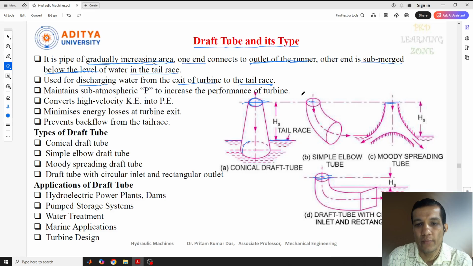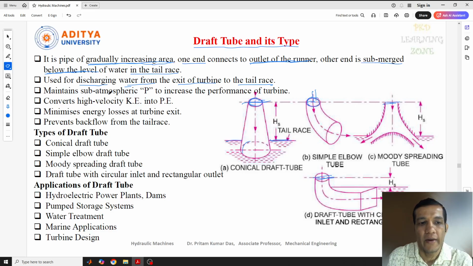If you connect the turbine part here, the turbine outlet is the inlet for the draft tube, and this helps the water go outside, discharging it from the turbine.